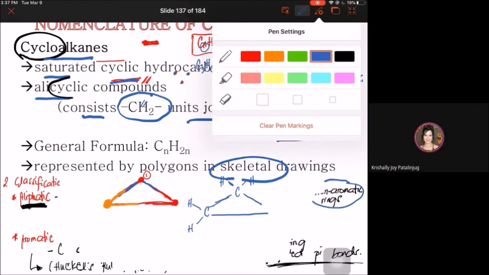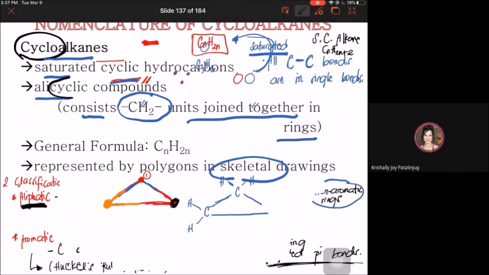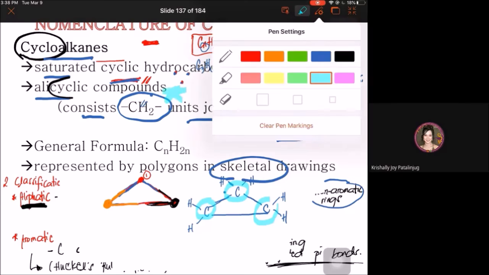Ito namang carbon na kulay black, this is another carbon and also has 2 bonds already. So, you have here carbon, imaginary yung hydrogen. So, kung i-analyze, these are CH2, di ba? CH2, CH2, CH2.